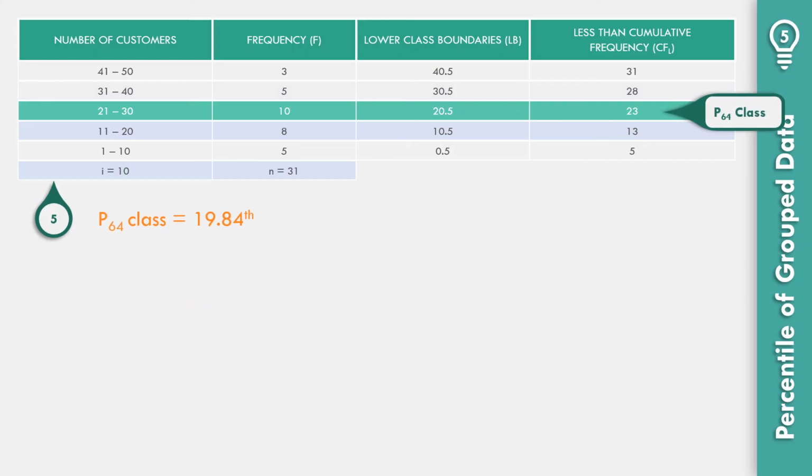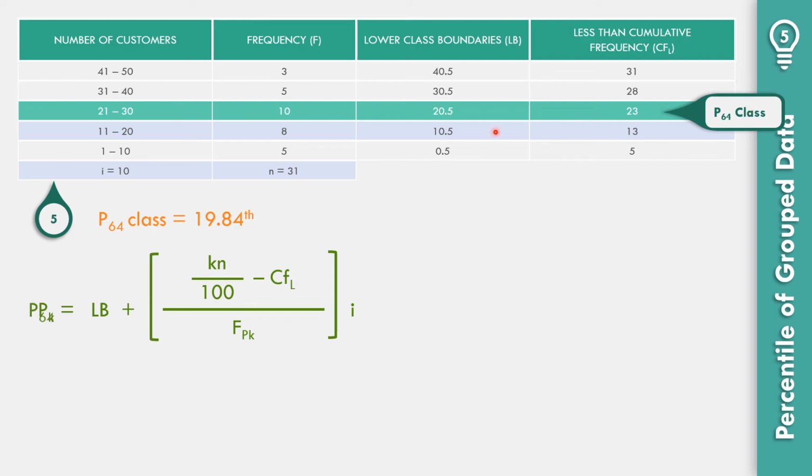So let us continue to solve for the P sub 64. The formula for P sub k is equal to LB plus the quantity k times n all over 100 minus the CF sub L, all over the frequency of the P sub k class, times the interval. For the P sub 64 class, we choose the lower class boundary, so copy 20.5 plus the value of k, that is 64, the total frequency, copy 31, and then copy 100.